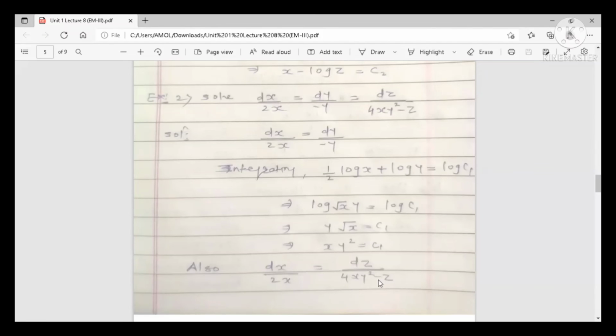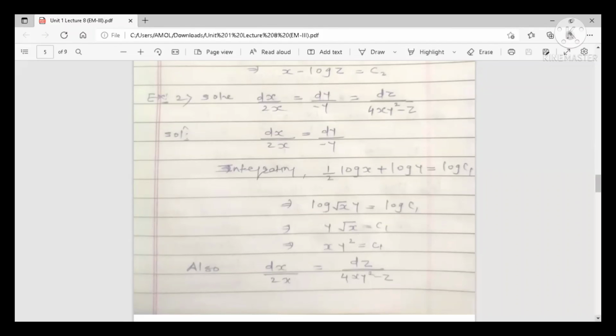In the third ratio we cannot separate the terms because in the denominator there is a subtraction, and we don't want the variable y there, because the first ratio is of x and the other is of z. We cannot eliminate y easily. So a better way: the first set solution is x y square is equal to c1.